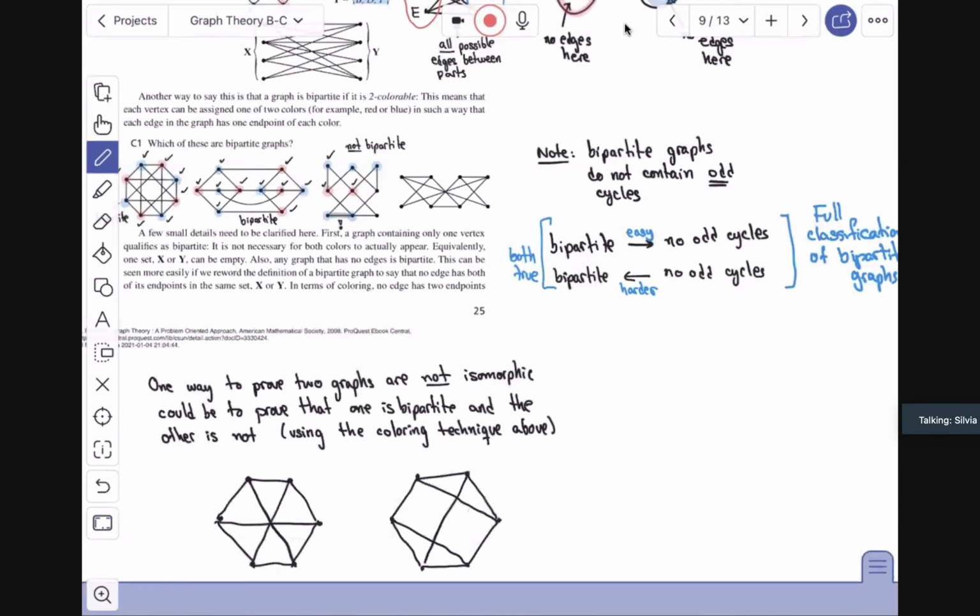Okay, so here I have these two graphs, and we usually just check, I want to know if they're isomorphic.